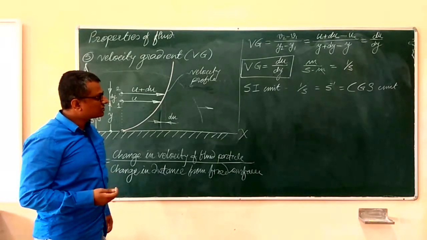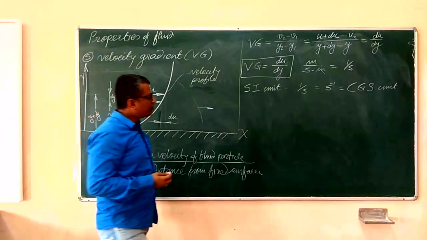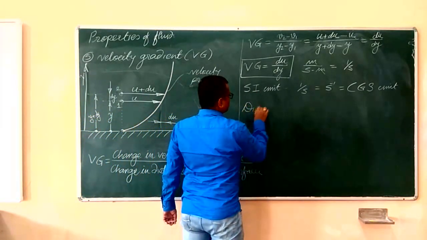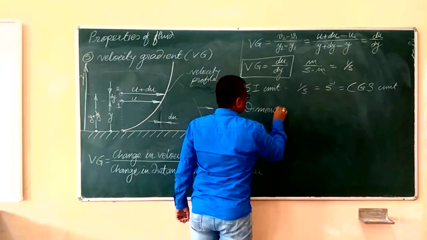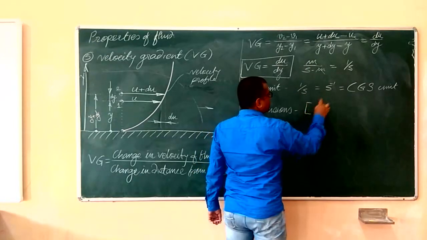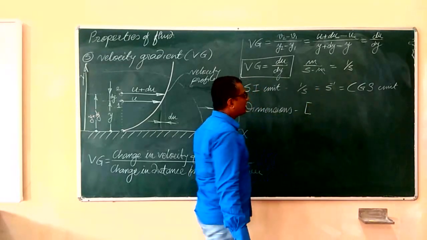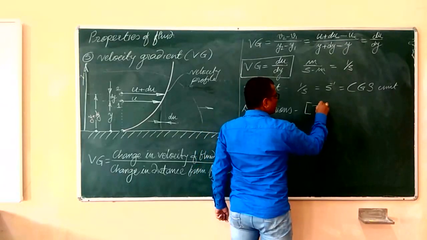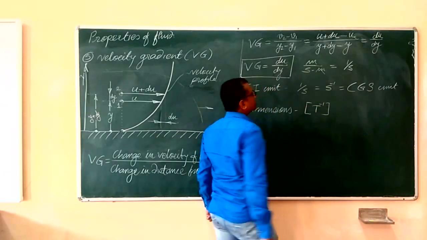What about the dimensions? I think you will be able to predict the dimensions of the velocity gradient. It is only one entity, that is time, and that too in the denominator. So the dimensions of velocity gradient will be T minus 1.